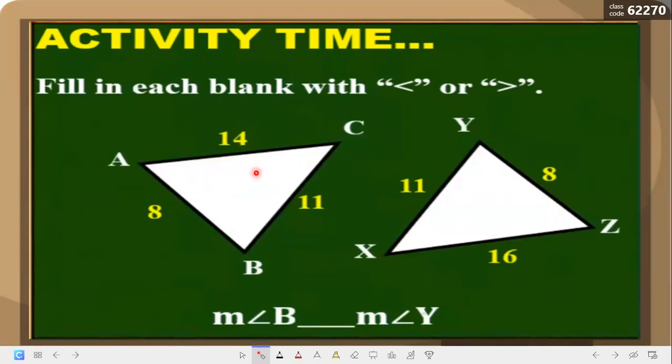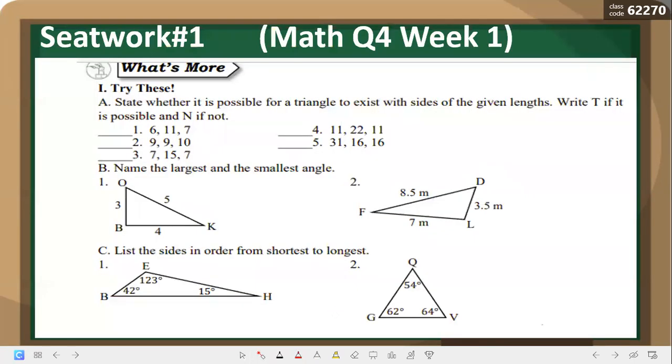We're going to compare angle B, which is the opposite angle of the longest side, and angle Y, which is the opposite angle of the longest side. So let us compare, which is higher, 14 or 16? Of course, 16. Therefore, angle Y is greater than angle B, because 16 is higher than 14.